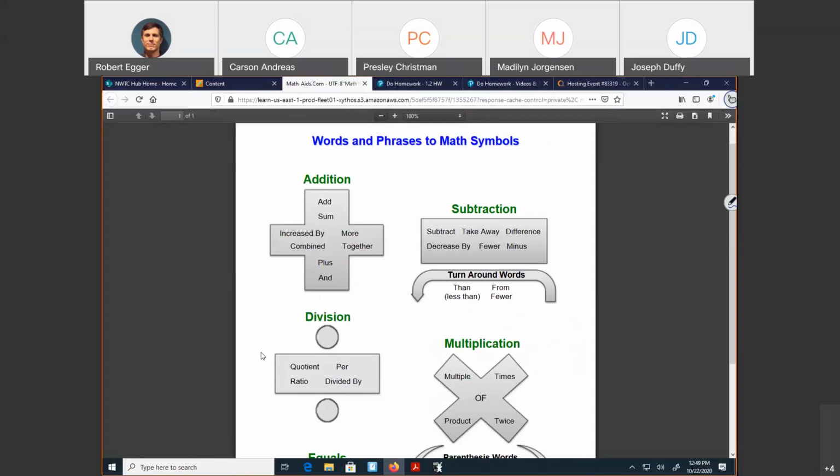Another good one is what we call the turnaround words, which really only affect subtraction. So 5 less than x. Less than is one of those turnaround words. What that means is we'll change the order of presentation.